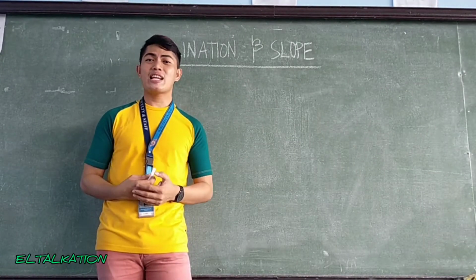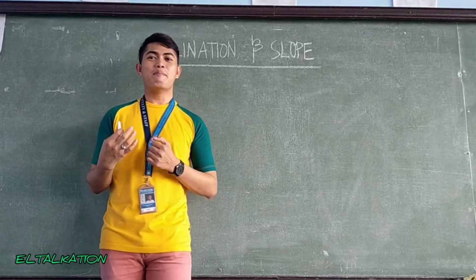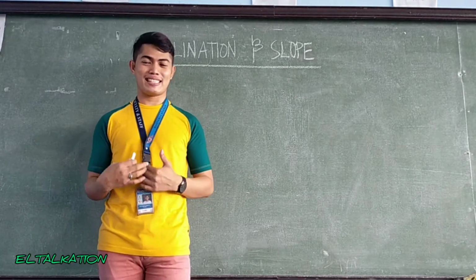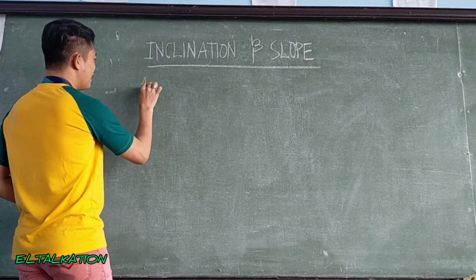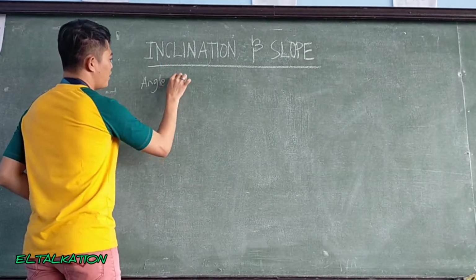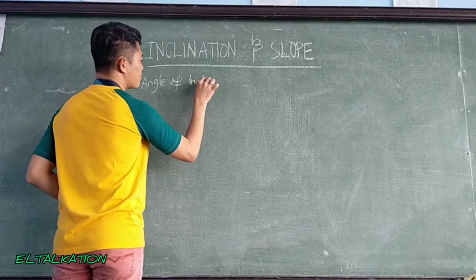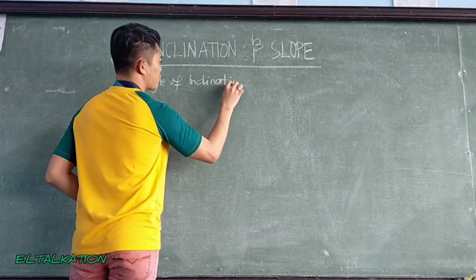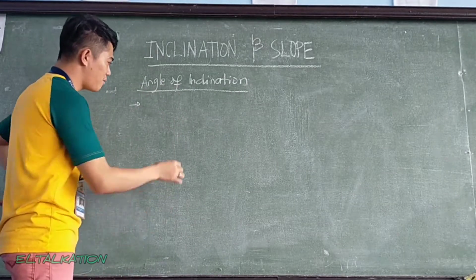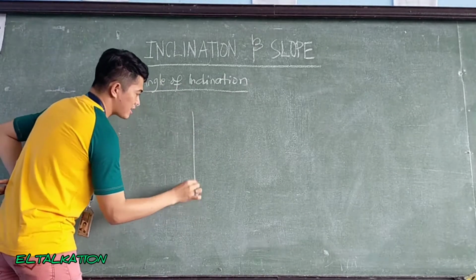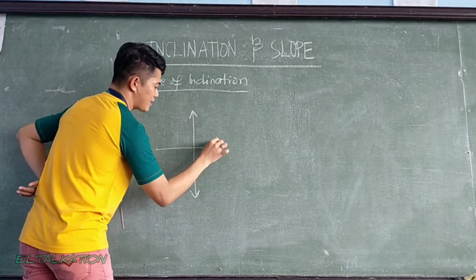Angle of inclination is an angle made with the right side of the x-axis. So given this example about angle of inclination, let's say we have the y-axis and x-axis.